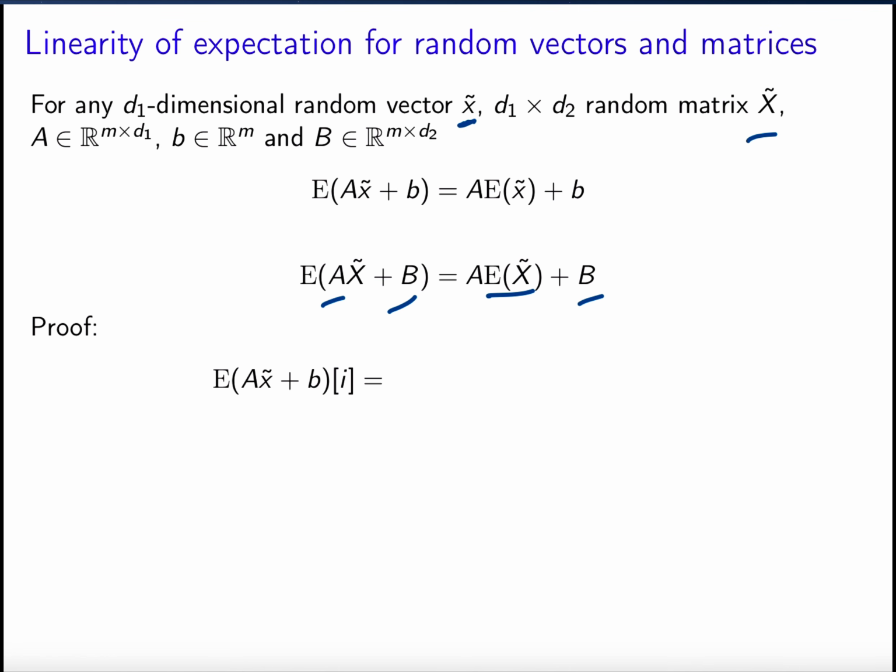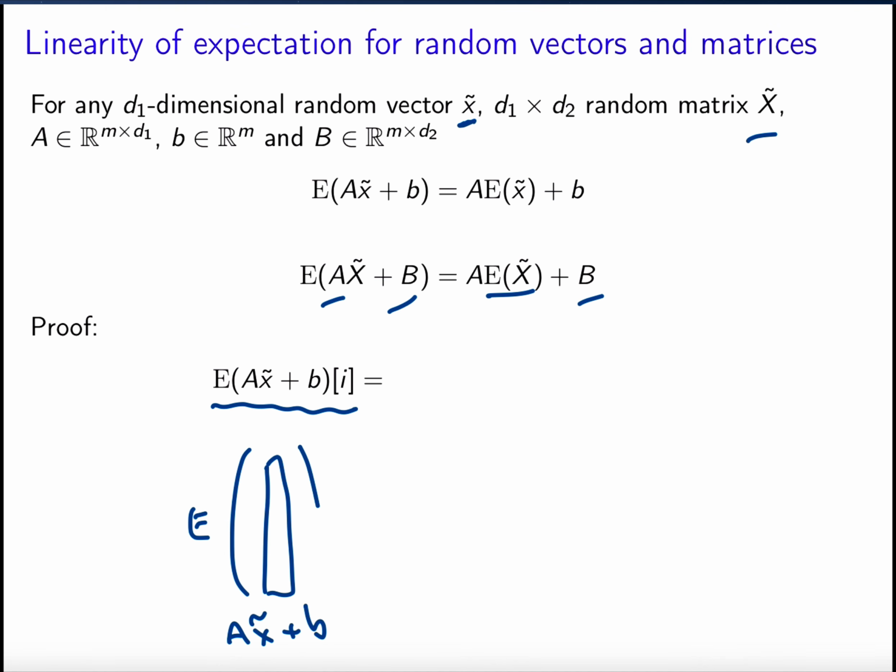Here it's important not to get confused by all the notation and to understand what each object is at every point. By this first notation, what we mean is we have a vector AX plus B. We take its expected value. That is just going to be another vector. And for that vector, we take a look at the ith entry.